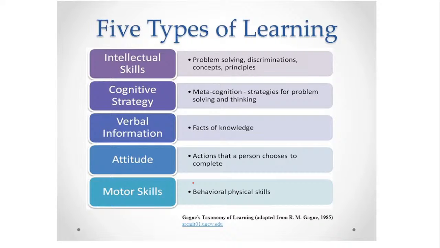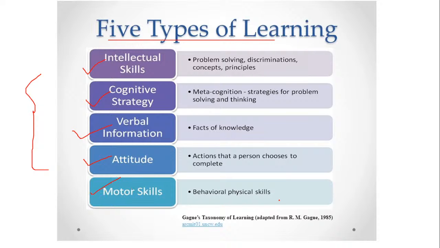Now here we have Gagne's taxonomy of learning also. As we are doing learning only, we have studied Bloom's taxonomy based on learning. We have studied domains of learning. There is one more concept brought by Gagne, that is five types of learning. Wherein we have intellectual learning, that is in the form of intellectual skills, cognitive strategy, verbal information, attitude, and motor skills.